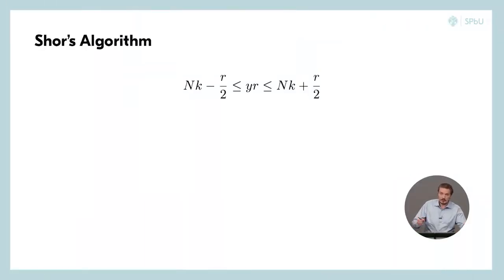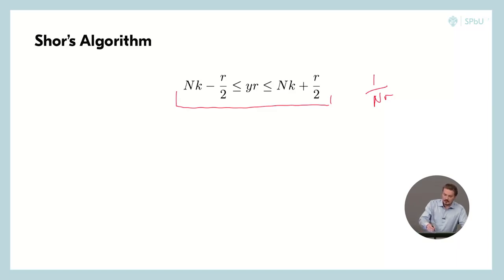Okay, it's time to unveil the reason why we call these y's good. So this is one of the definitions of goodness, and we are going to divide it by n and by r.